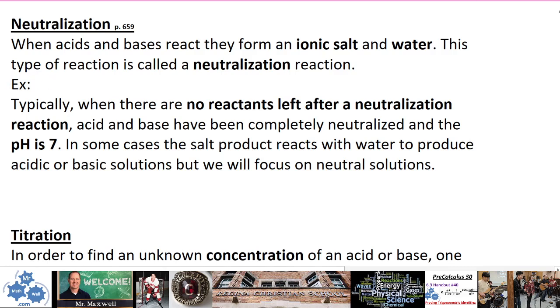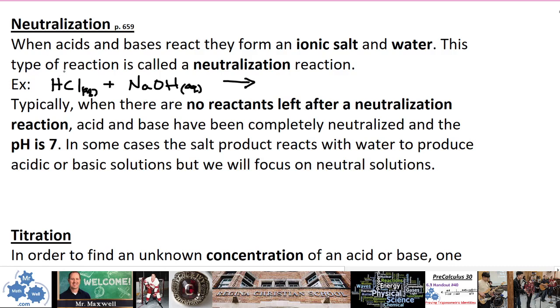So if we have, let's say, the acid HCl, a very strong acid as we know, and we're going to combine that with sodium hydroxide, a very strong base as you know, both would be aqueous, dissolved in water solution. And what's going to happen when those react, the hydrogen, as you know, is going to donate its proton.